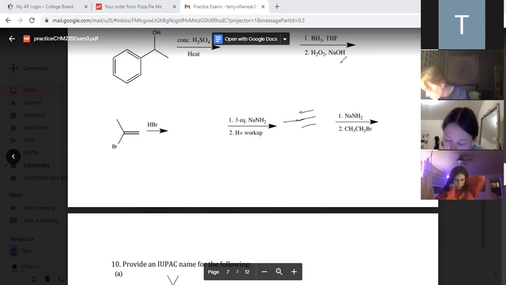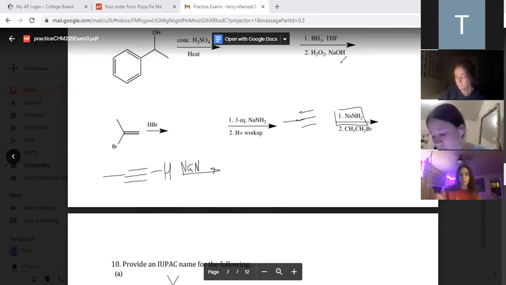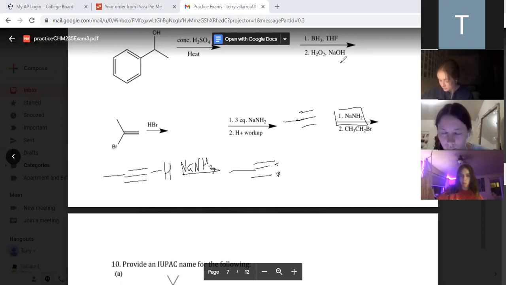In our next arrow, what do we do in the first step? It's the base again, right? We are removing this proton. So when we add NaNH2 like this, we are going to form this. And now what's it going to do in step two?